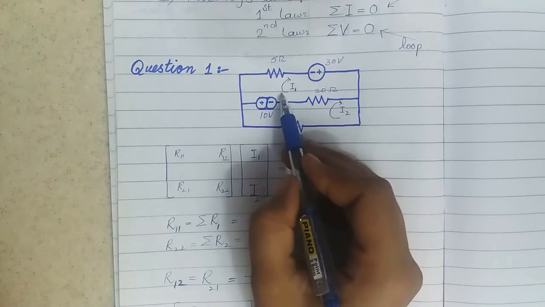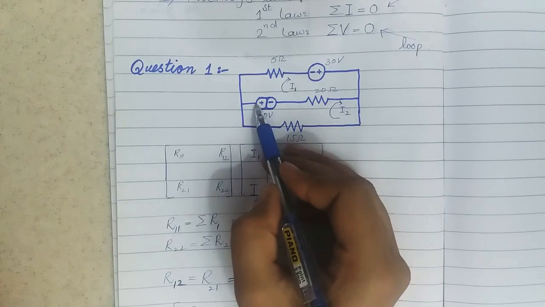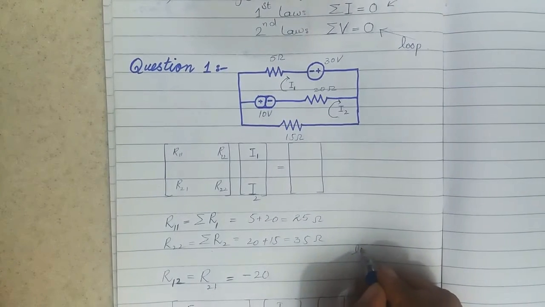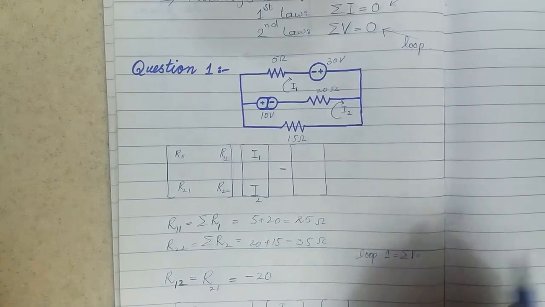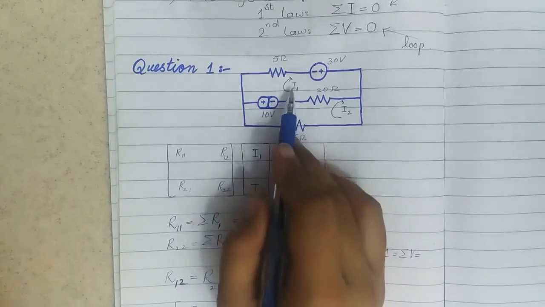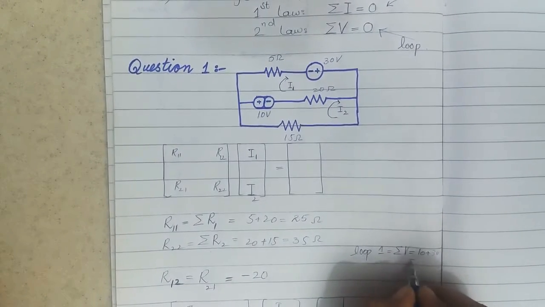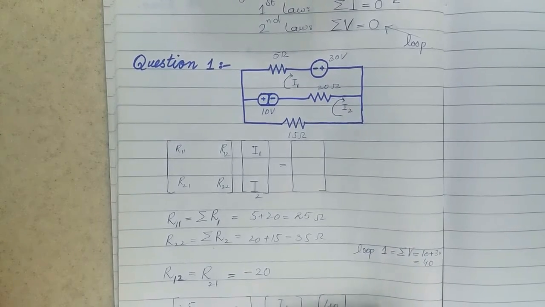This is the clockwise direction, from negative to positive. So the total voltage for loop 1 is the summation of V, equal to 10, and this is also from negative to positive. 10 plus 30 is equal to 40. For loop 1, the sum of voltage is 40.